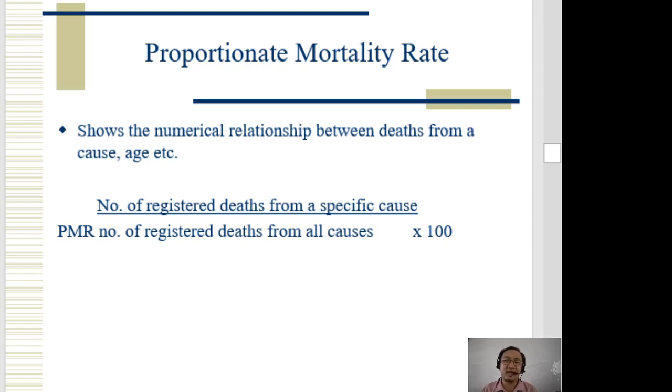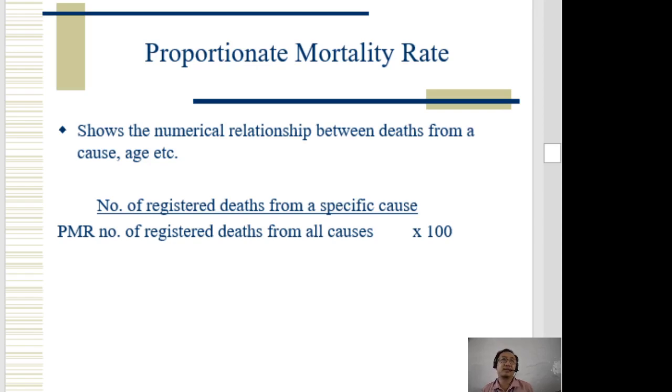So for example, you are going to get all registered deaths from all causes. Then you are going to separate, for example, cancer. You separate, for example, hypertension. It is usually expressed in percentage.